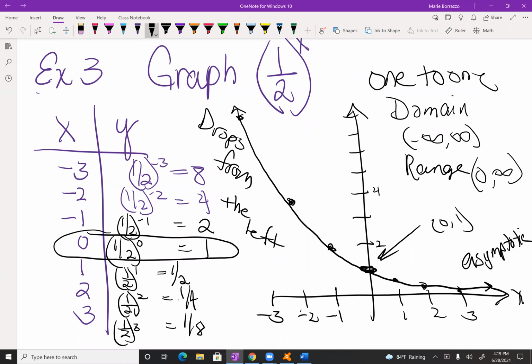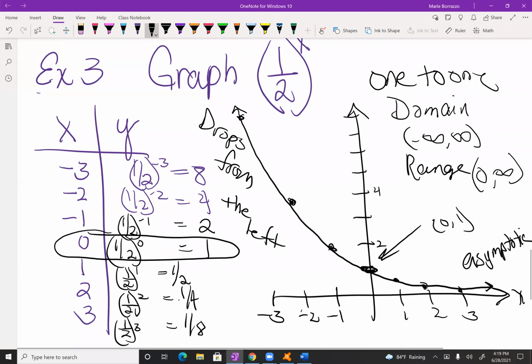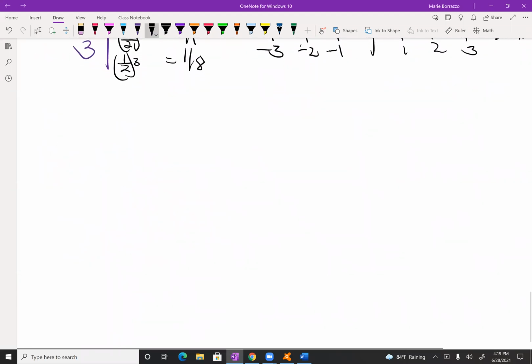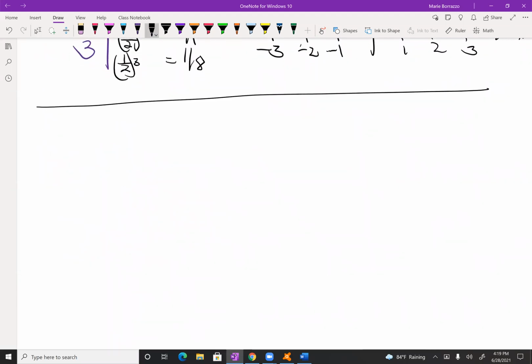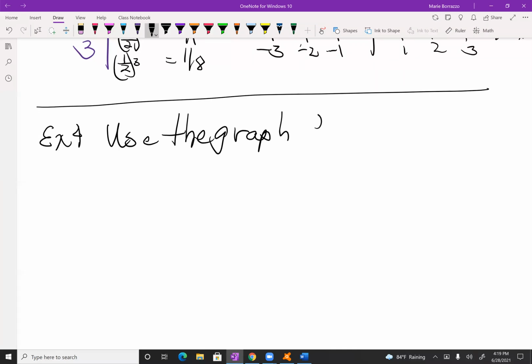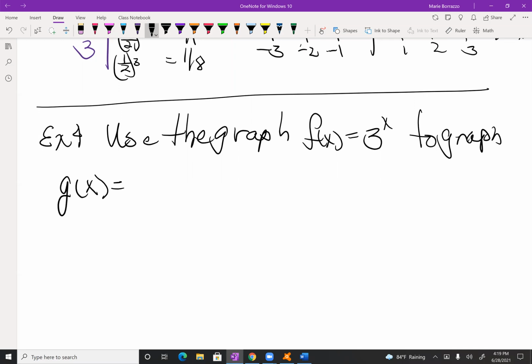So let's talk about shifts and transformation. So examples 4 and 5 are about that. So in example 4, they're asking us to use the graph where we have f of x is equal to 3 to the x, and we're going to use that to graph g of x is equal to 3 raised to the x plus 1.